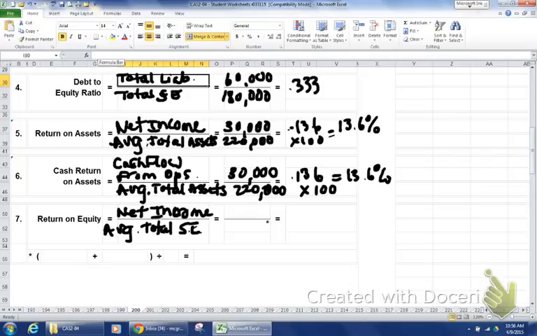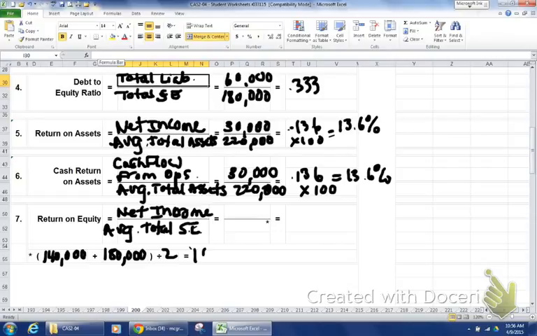And in getting the average total stockholders' equity, we're going to use the beginning and ending balances again. So in this particular case, the beginning stockholders' equity balance was 140,000 in this problem, and the ending stockholders' equity was 180,000, and we'll divide that by 2.